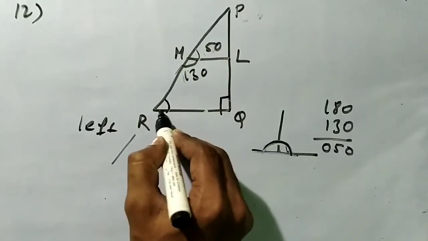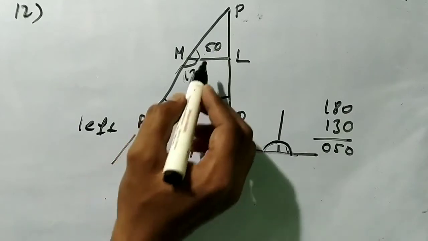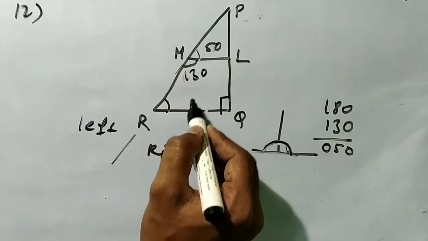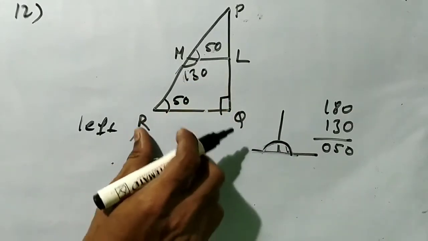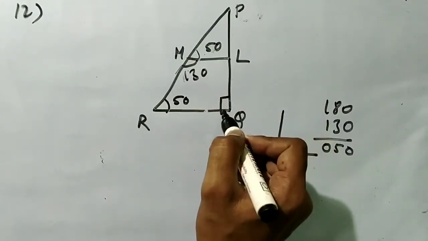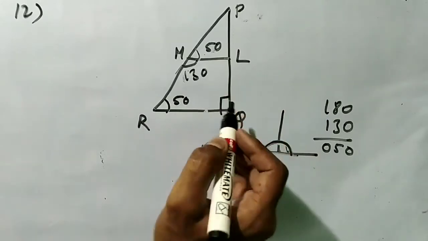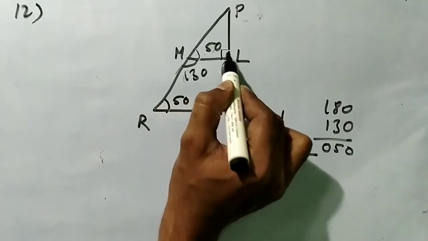The angle formed here is on the right side of the line and above the line, and this one is also on the right side and above the line. So it is 50, and we can write it directly because it is a corresponding angle. Similarly, this is 90 degrees below the line, and here also the same, so it forms 90 degrees.